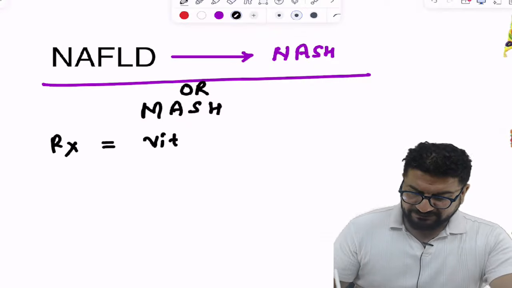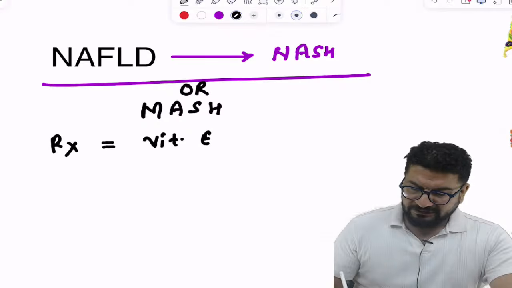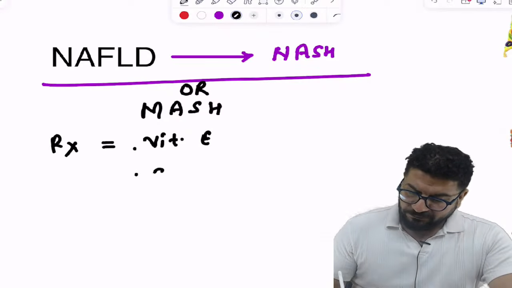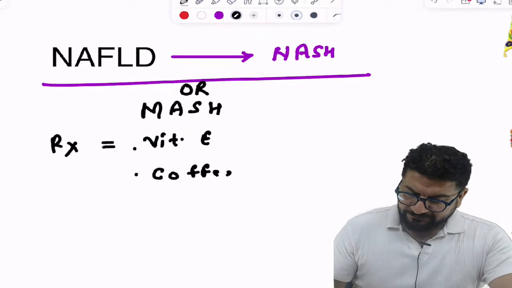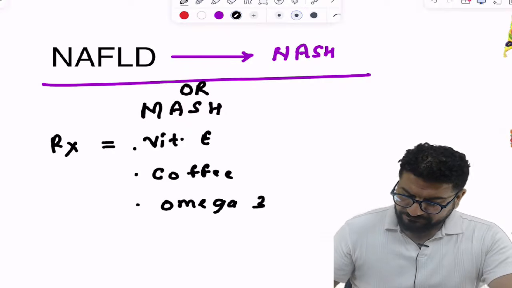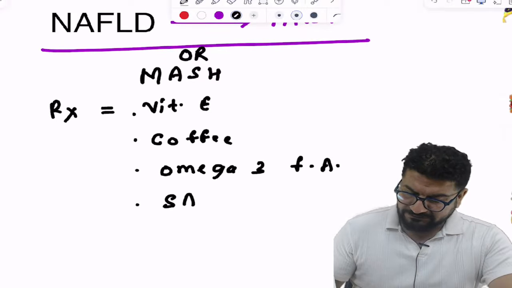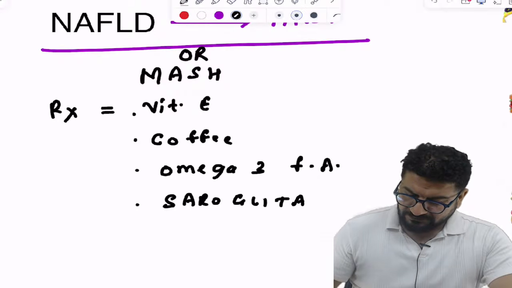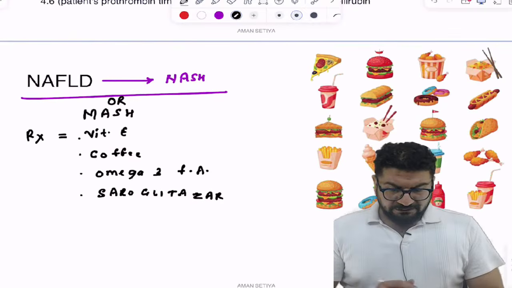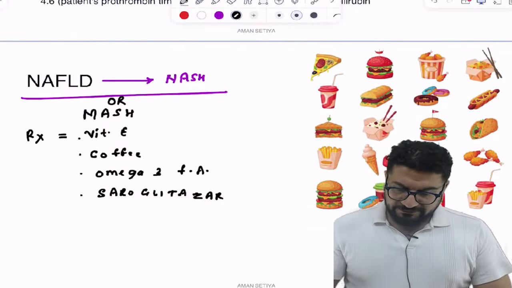We can use vitamin E, we can use coffee, so caffeine is protective. Then we can use omega-3 fatty acid. And the last option, we have a new drug. This new drug will be saroglitazar. Saroglitazar, very, very important.